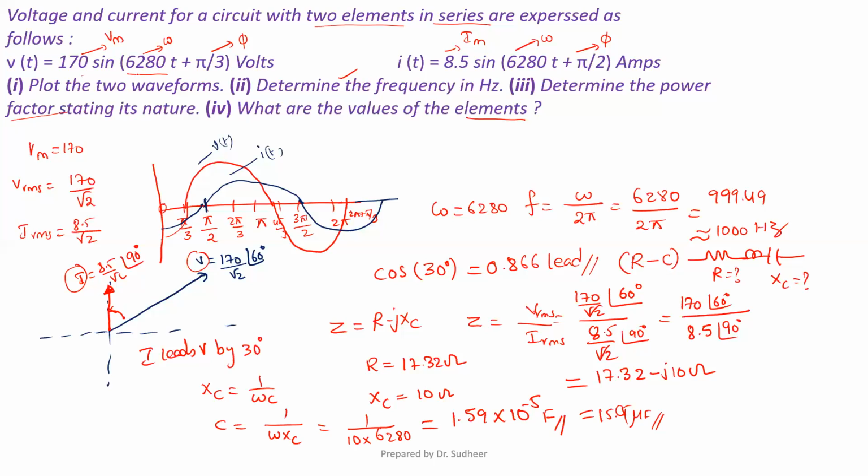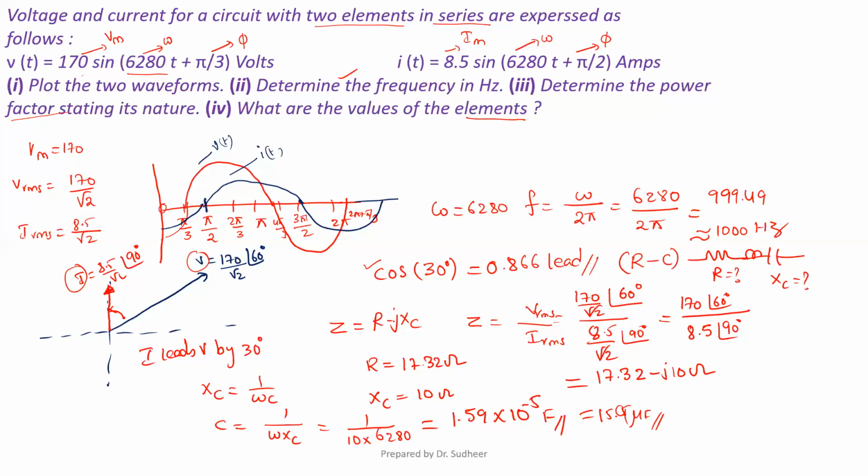Take your VRMS and IRMS, find out the angular difference between VRMS and IRMS using the polar form of representation. Then the cosine of the angle between VRMS and IRMS gives you the power factor. And if you draw the phasor diagram, or else, current has a more positive angle compared to V, so current leads the voltage, so the power factor is leading.